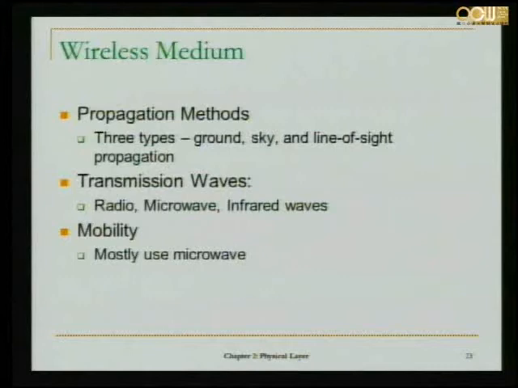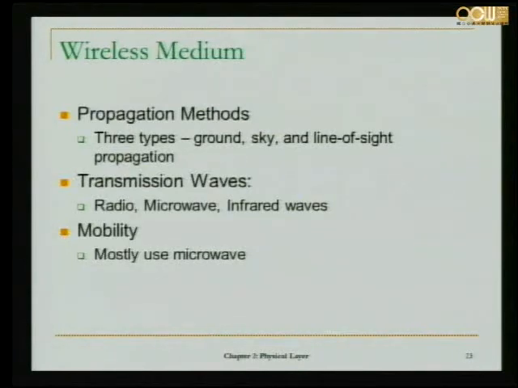Okay, so I just have one slide to show the wireless medium, but the text has more to say. The wireless medium, again, we have three kinds of medium. One from the low frequency radio spectrum, to the middle frequency, that's microwave, and to the high frequency, that's infrared.